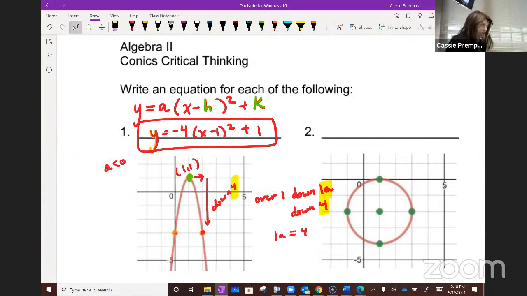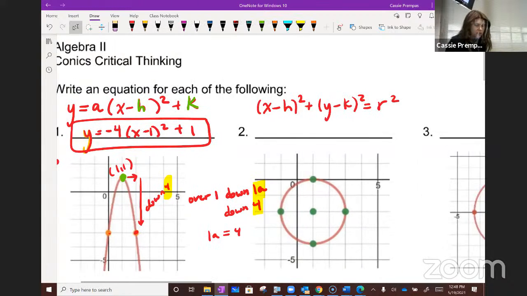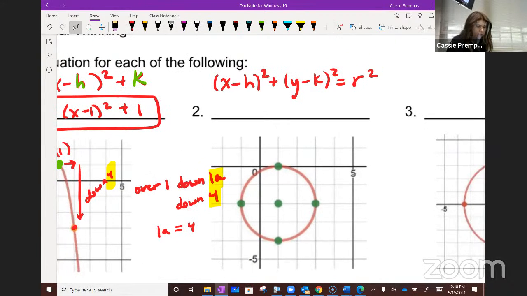The circle we just learned. The standard form for the equation of a circle looks like x minus h squared plus y minus k squared equals what? R squared. Good. So what pieces do I currently have? I have everything. What point is the center at? Good, 1, negative 2.